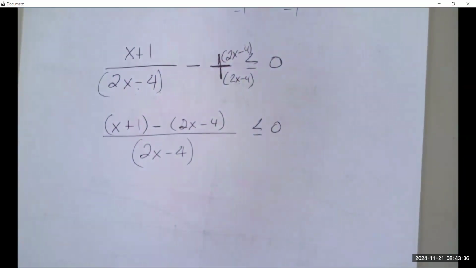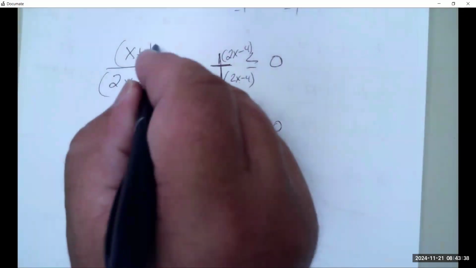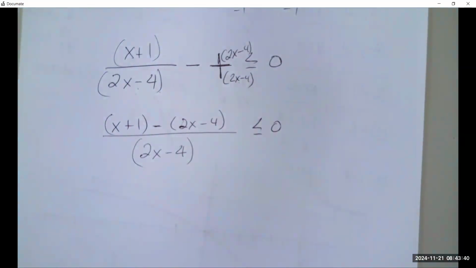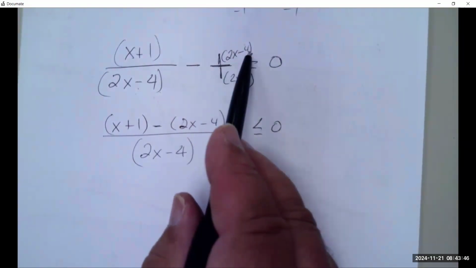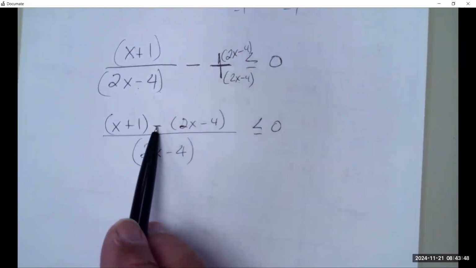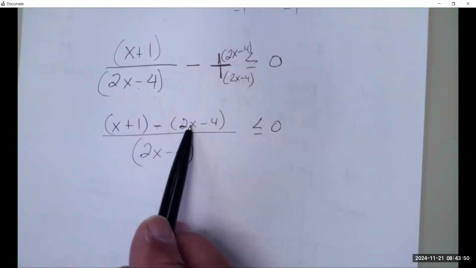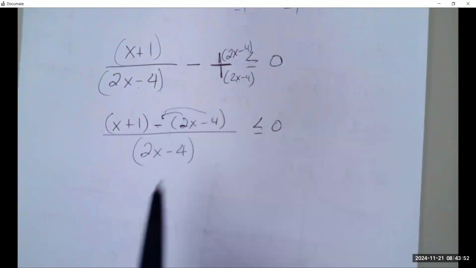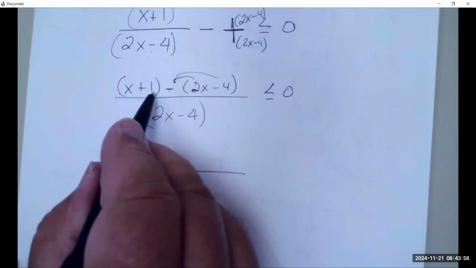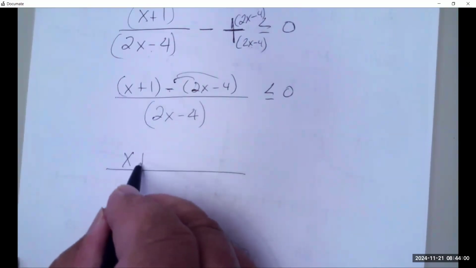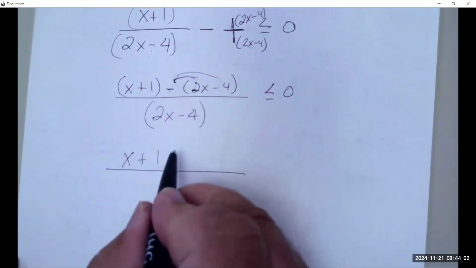Well, for right now, whenever you deal with these terms, make sure you put parentheses around them. If you didn't put parentheses around this 2x minus 4, then this minus would only affect the 2x. It's got to distribute throughout the entire thing. Do we need the first parenthesis? No. Now we distribute the negative sign. So it's minus 2x.